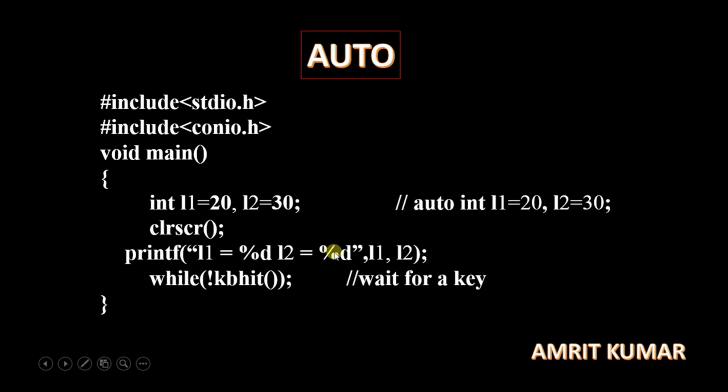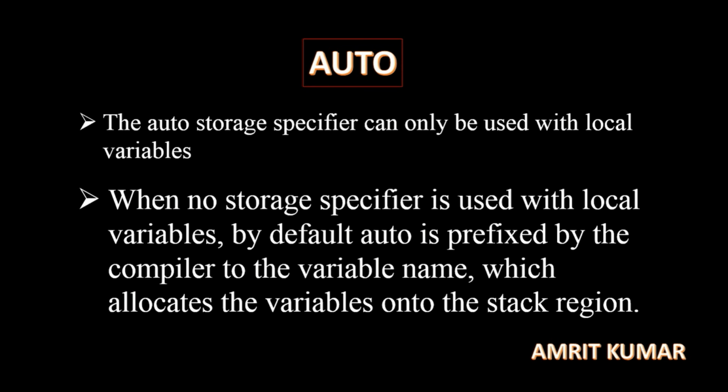This is how we can use the auto storage specifier with our local variable. The condition was that the auto storage specifier can only be used with local variables, and by default auto is prefixed by the compiler to the variable. This is a very important point.